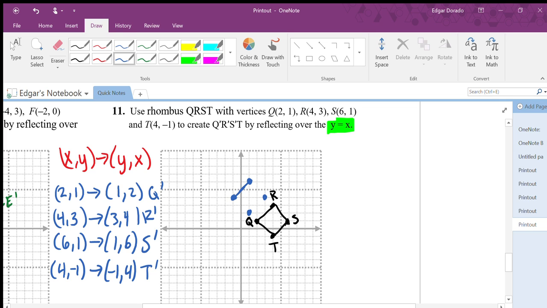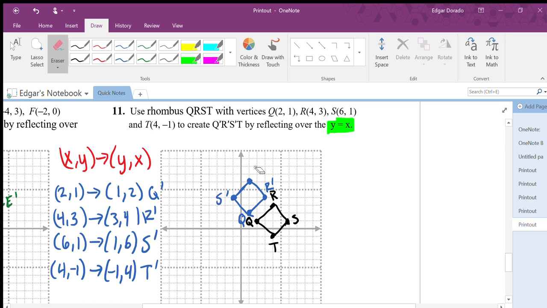This is my new rhombus, right? So this right here was R prime, S prime, Q prime, T prime. Oh, whoa, whoa, whoa. I totally did that wrong. I'm sorry.